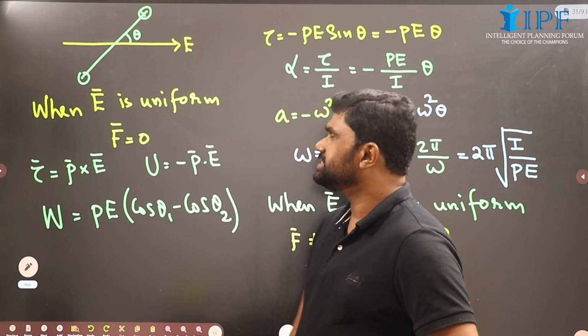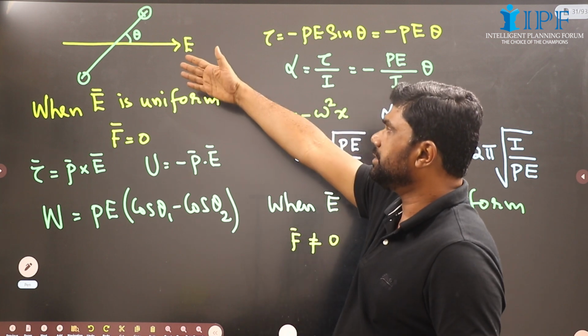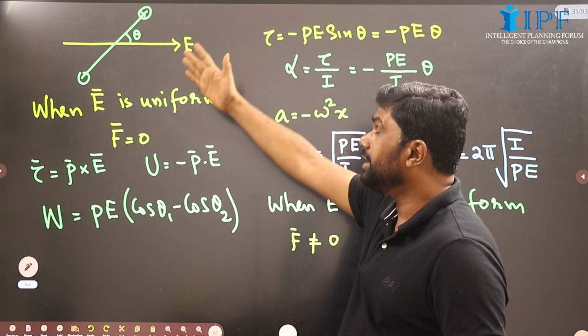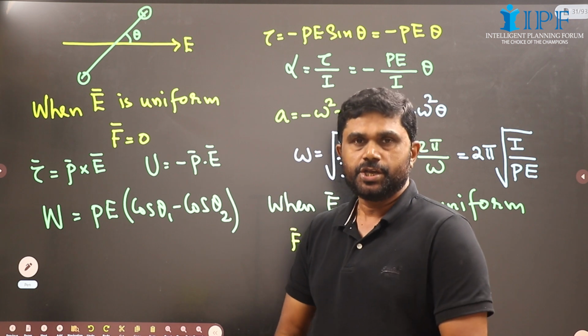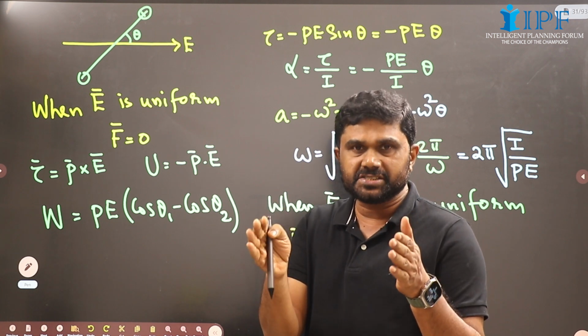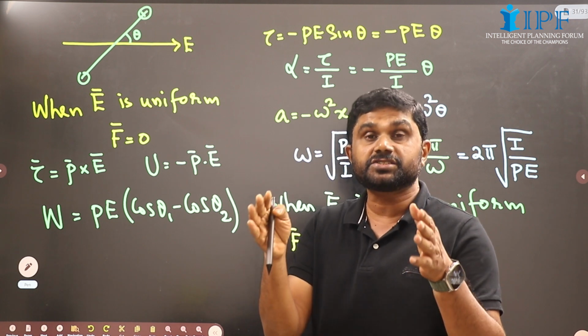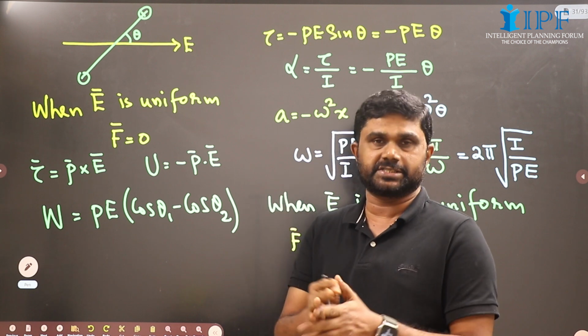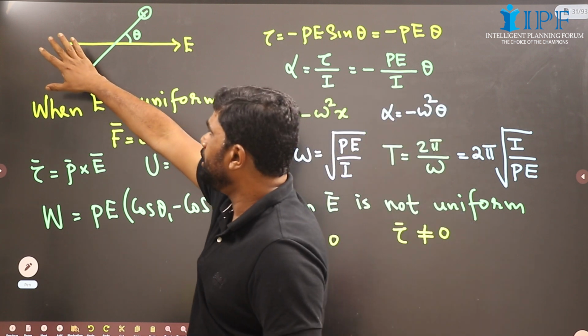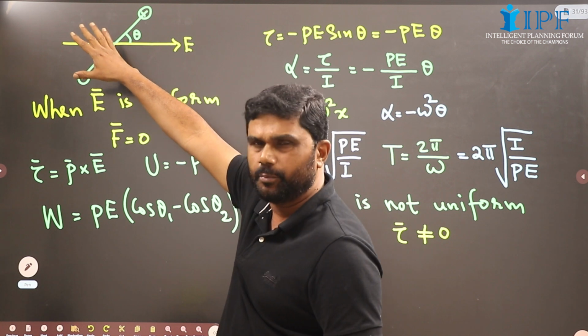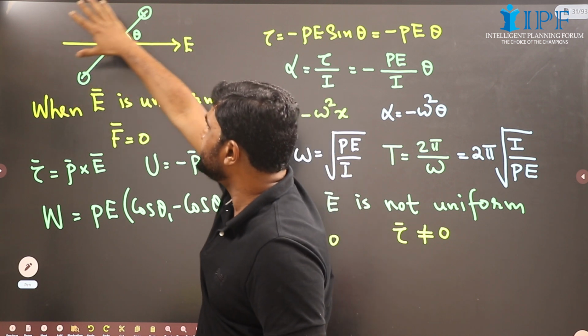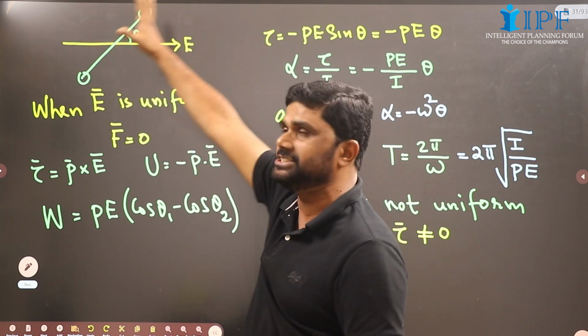Now the next thing is, I have kept a dipole in a uniform electric field. Uniform electric field means the intensity of electric field is constant in space. The value of the intensity of electric field, both in magnitude and direction, is the same everywhere in this region.